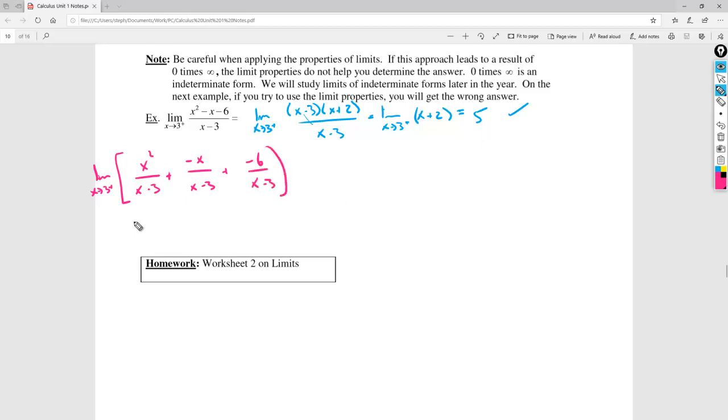Right, so let's explore this. What it looks like to me is we will end up with an infinity here. Again, we'll end up with a negative infinity here. And we'll end up with another negative infinity here.